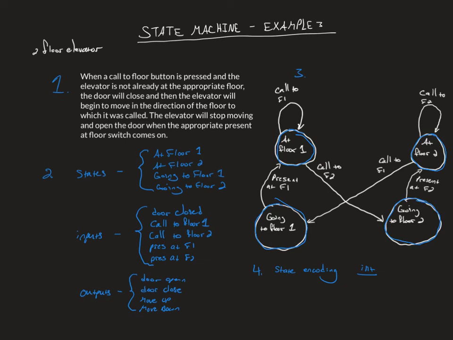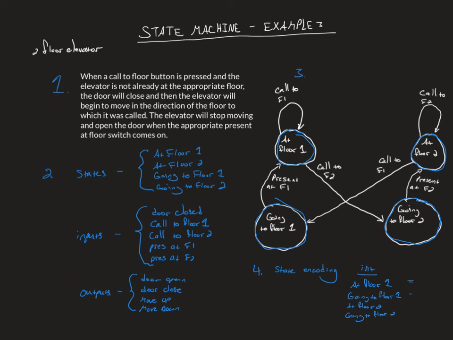4. You probably already noticed this, and this is probably extremely obvious, but for each state in our state transition diagram, we have to have a state encoding. So we're going to have at floor 1, going to floor 1, at floor 2, and going to floor 2.